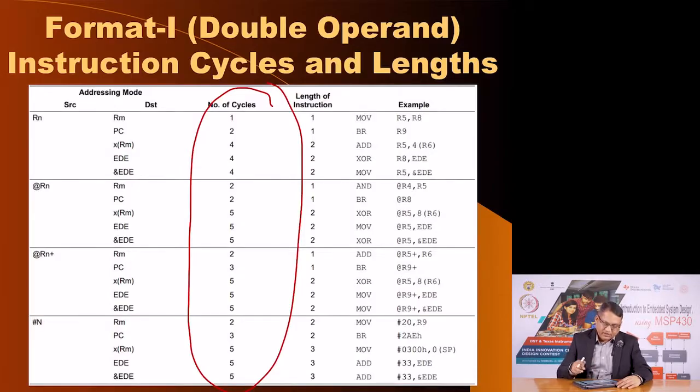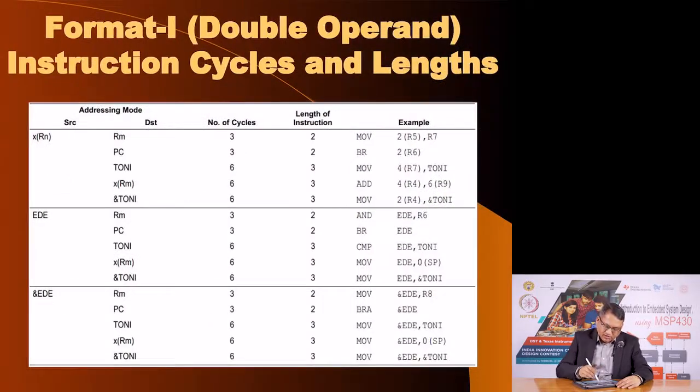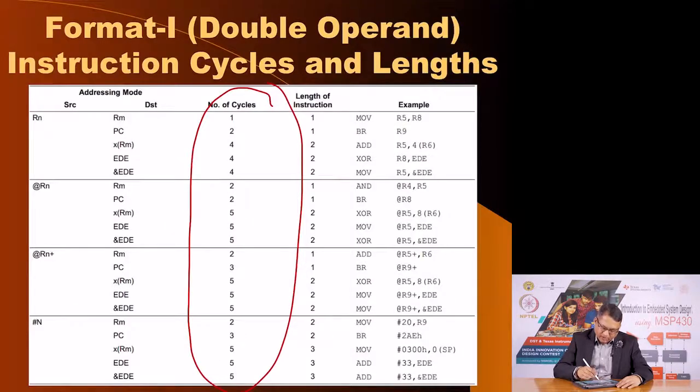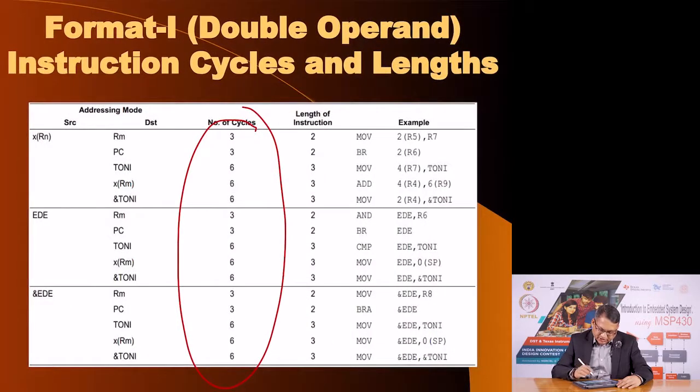There are several such sheets here. You see here they are taking 3 cycles, and the cycles here refer to clock cycles. Similarly, you have a range from 1 clock cycle for executing an instruction going up to 6 clock cycles. So, this is the longest instruction.